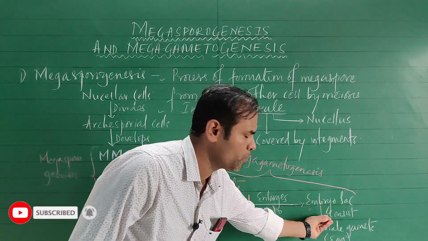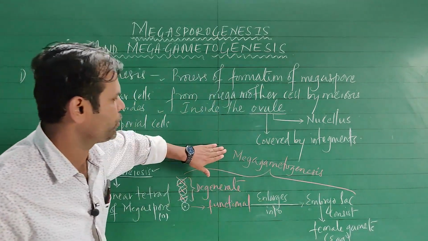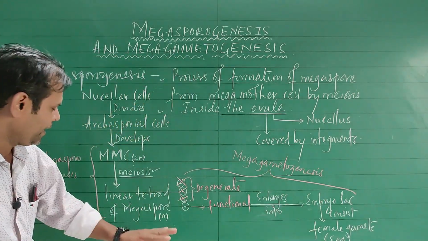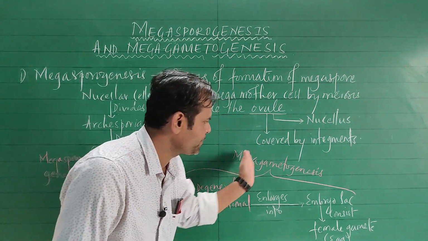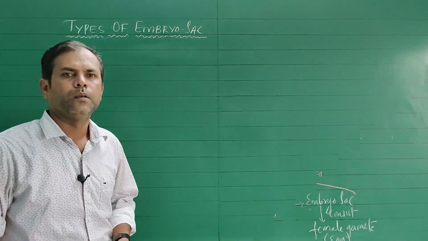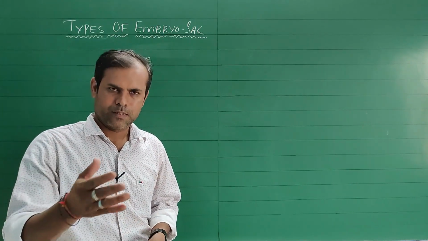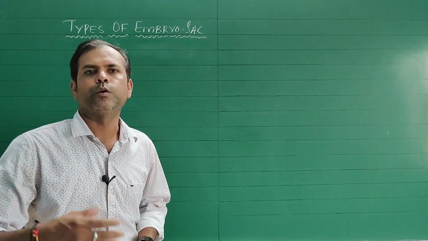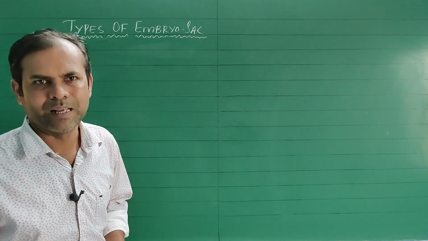Megaspore becomes embryo sac, which consists of female gamete, that is egg. This process is called megagametogenesis. So we'll understand now how this megaspore develops and forms embryo sac.